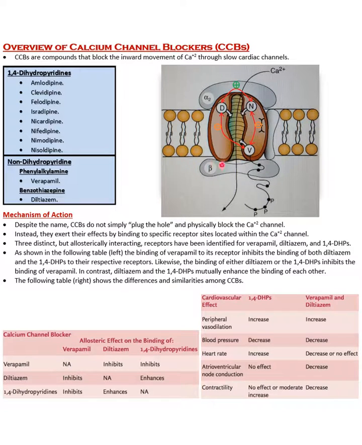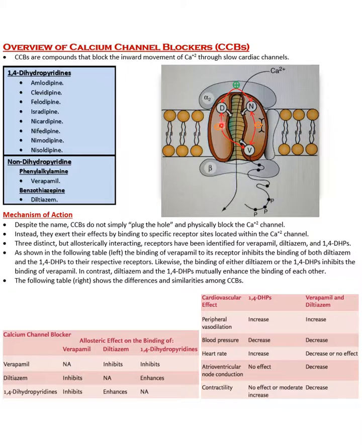Now, since these products affect the same channel or receptor, they do interfere with each other. In other words, if you combine diltiazem with 1,4-dihydropyridines, let's say nicardipine, then they enhance the effect of each other.